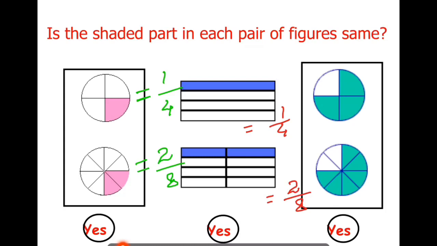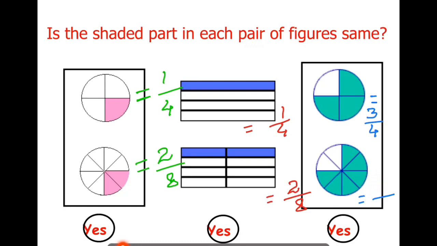Now dear children, let's write down what the fraction is for it. Here the shaded number of portions is 3 and the total number of portions is 4. And similarly, what about this fraction? How many shaded portions are there? 1, 2, 3, 4, 5, 6.